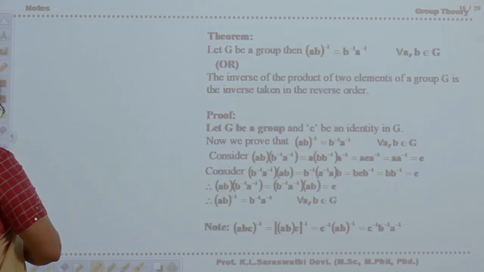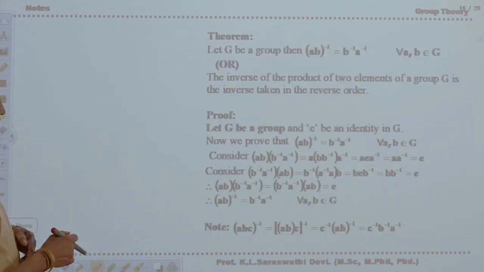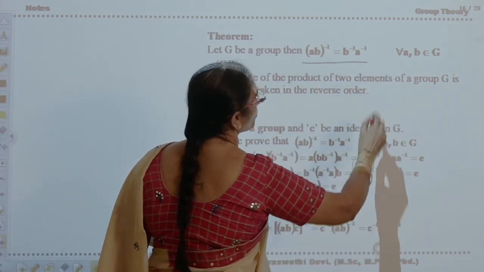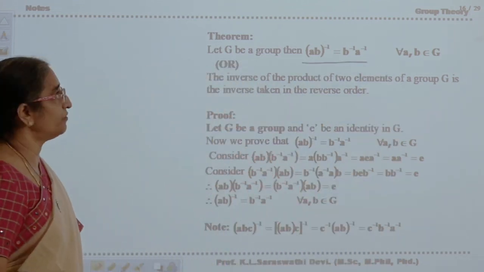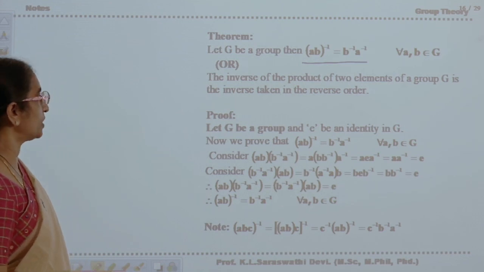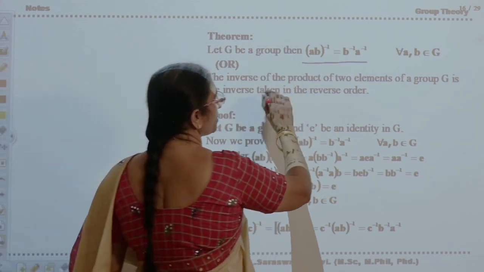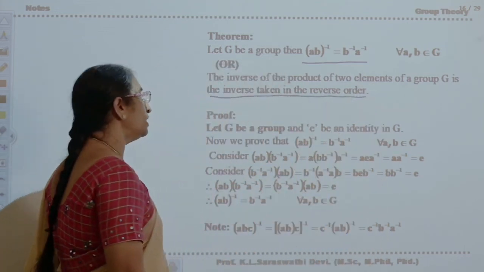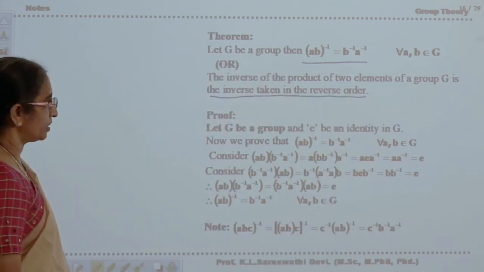Okay. Next, see, let G be a group, then (AB) whole inverse is equal to B inverse A inverse for every A, B belongs to G. The inverse of the product of two elements of a group G is the inverse taken in the reverse order. Now see here.